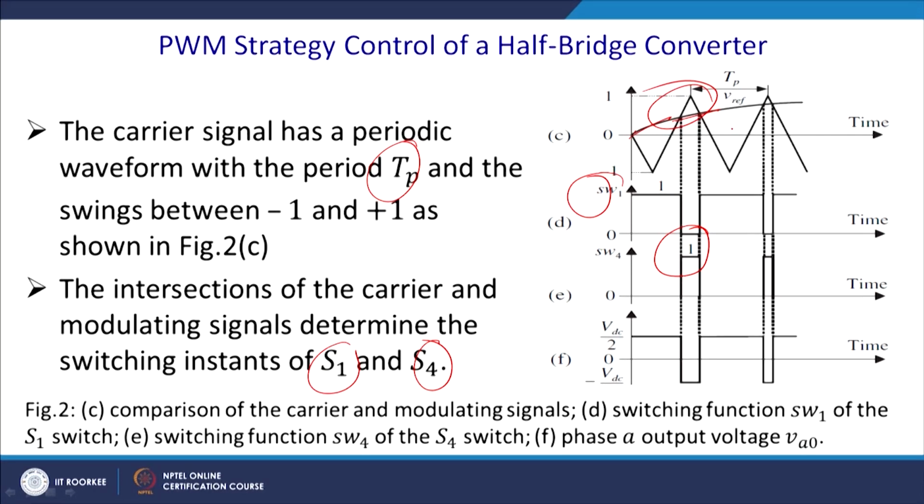Similarly, for this duration again S1 will be turned on, and here for this small duration of time S4 will be turned on. So, what you essentially get is a bipolar voltage. Here you get plus VDC by 2, and here you get minus VDC by 2 and so on, and since the average is positive, you try to encircle the sine wave. This is the operation of the half bridge.